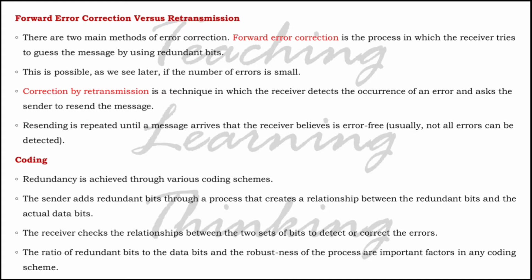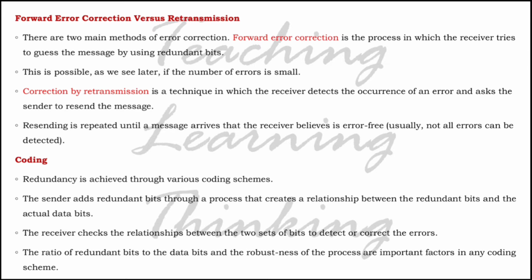Forward error correction versus retransmission. There are two main methods of error correction. Forward error correction is the process in which the receiver tries to guess the message by using redundant bits. This is possible, as we will see later, if the number of errors is small.